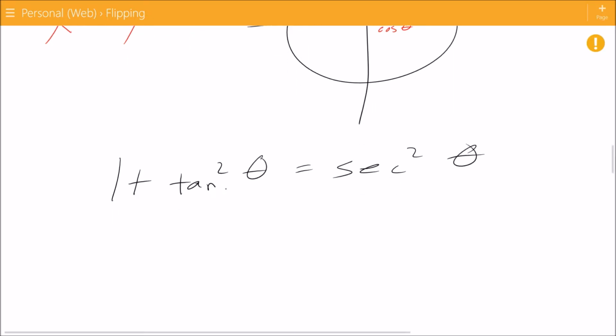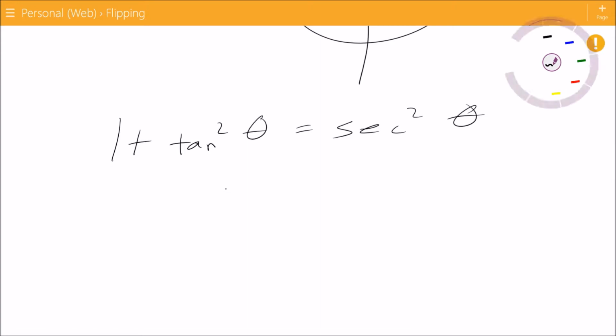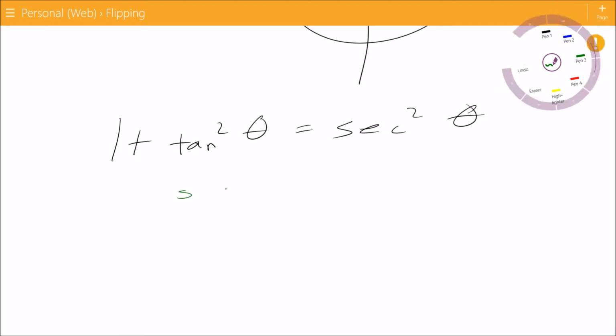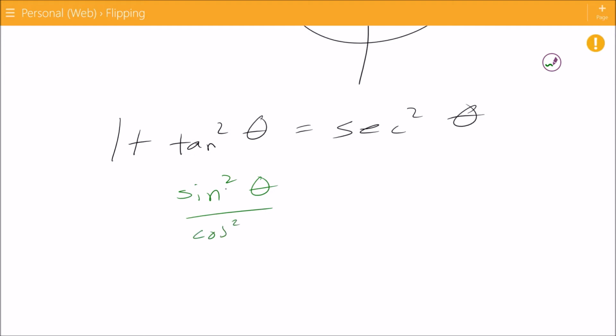So let's simplify what we have on the left. If I'm going to add these together, let's put this tangent squared theta, we can rewrite this as sine squared of theta over cosine squared of theta. Why can we do this? Well, think about this.